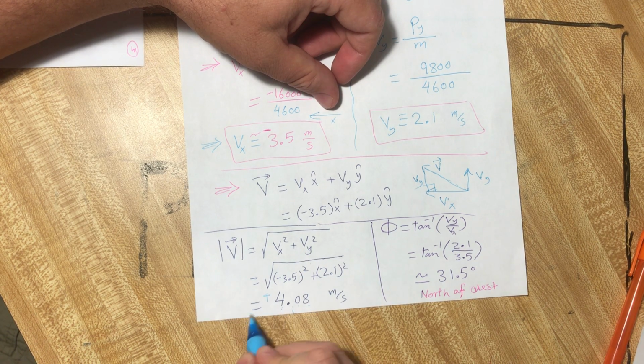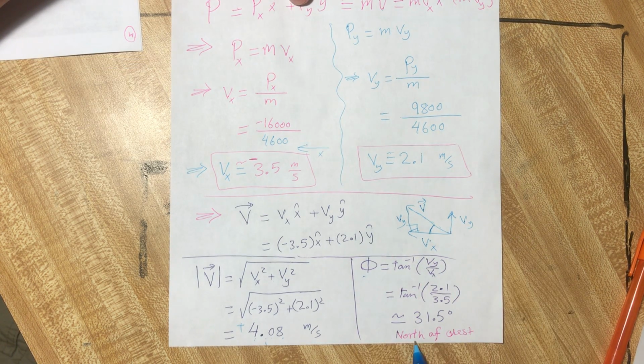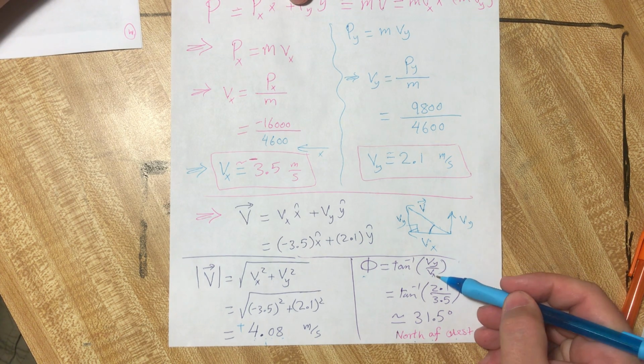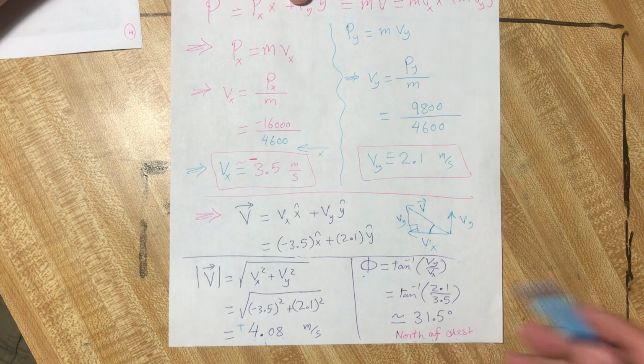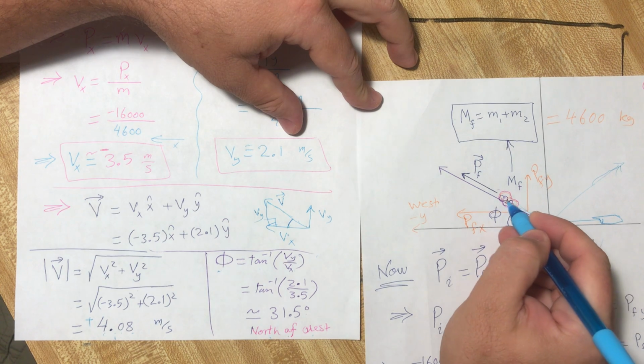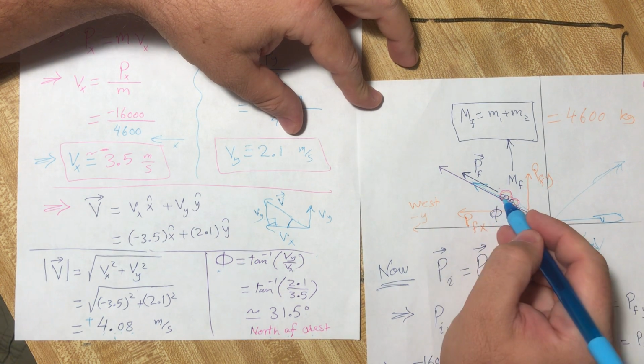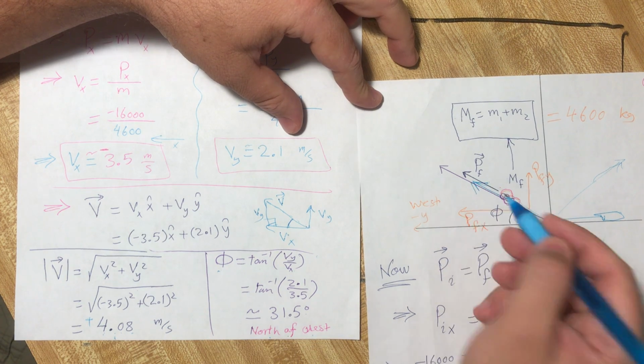I'll use the negative value if I find phi, which is the angle north of west, which can be found by tan inverse of the y component over the x component of the velocity. It will be equal to the same. It should be the same because the bodies move along this track, and their velocity is along this track.